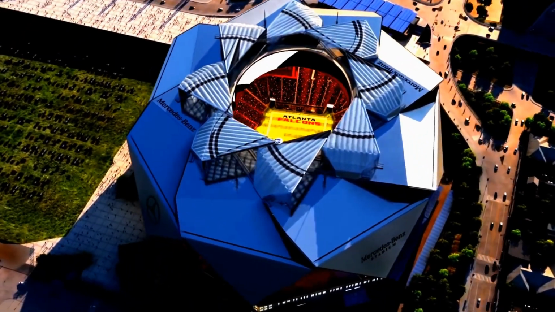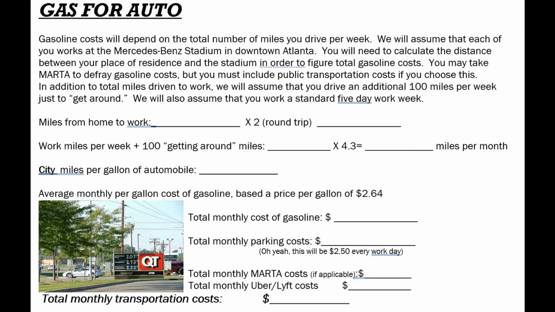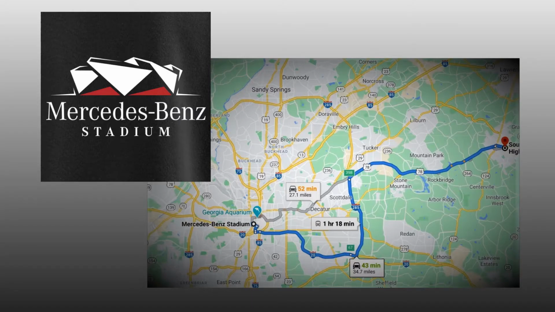Once you have the address for Mercedes-Benz Stadium, you are then going to go to either Google Maps or MapQuest or some kind of mapping platform, and you are going to input the distance from Mercedes-Benz Stadium to your apartment. So for example, I am going to put Mercedes-Benz Stadium to South Gwinnett High School.